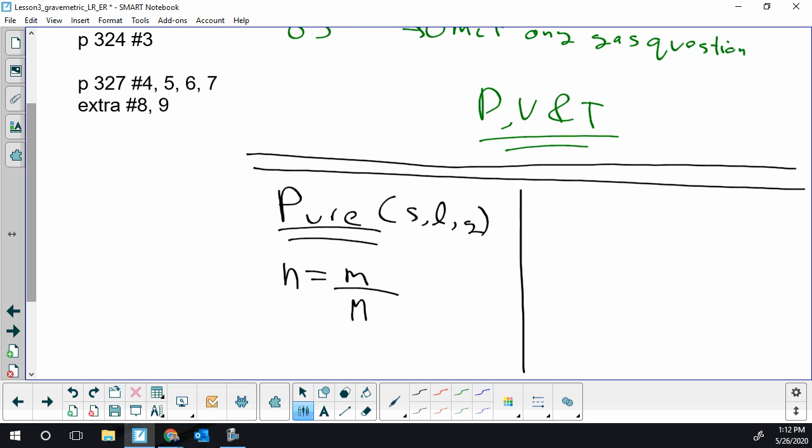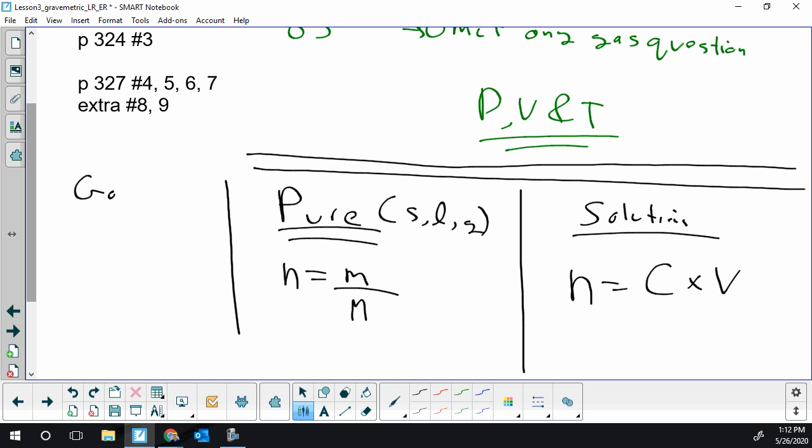For solutions, you get moles from concentration times volume. So you'll be doing one of those two techniques. What we skipped, which is what you use for gases, is the ideal gas law, where pressure times volume equals moles times a gas constant times temperature.